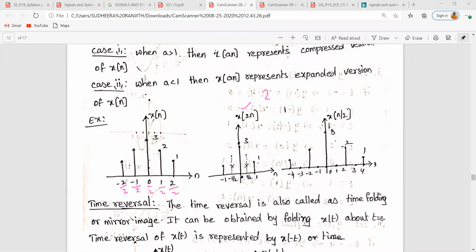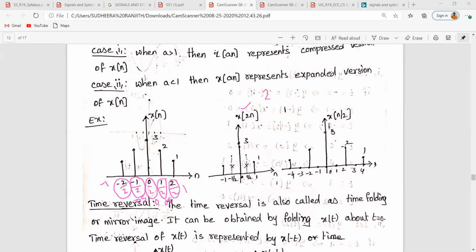So now this sample is mapped to minus 1, this sample is mapped to minus 0.5, this one to 0, this one to 0.5, and this sample to plus 1, right?